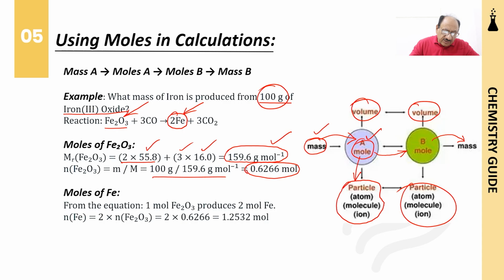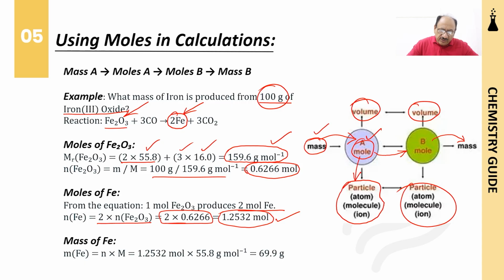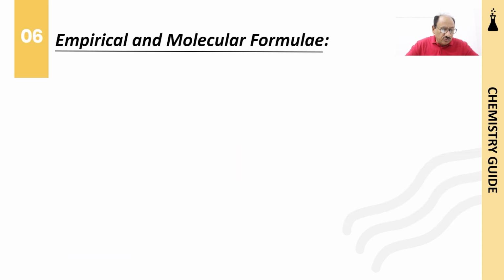The number of iron moles will be double the iron oxide moles, 1.2532 moles. This many iron moles will be produced, and we can find the mass of iron. The molar mass of iron is 55.8 grams per mole, and we'll multiply by the number of moles. So we'll get 69.9 grams of iron produced. This is how we can do the calculation.